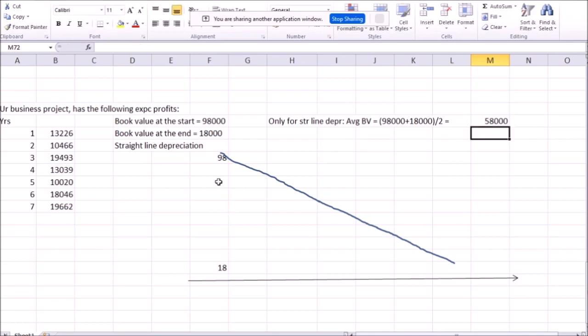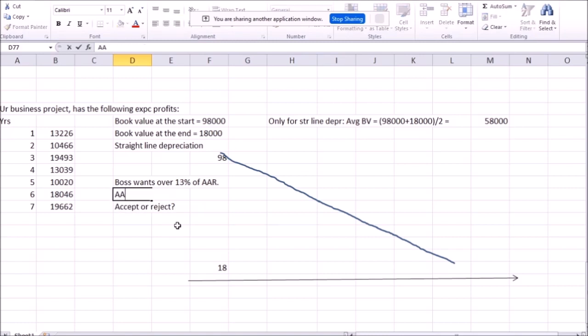Okay, and let's say boss wants over 13% of average accounting return. Do we accept it or reject it?